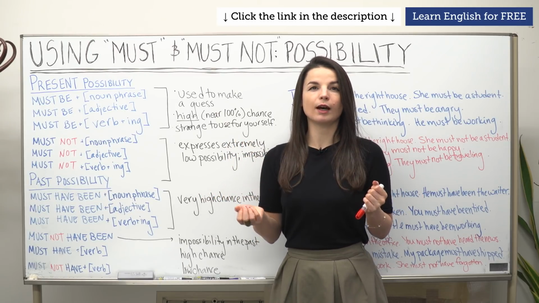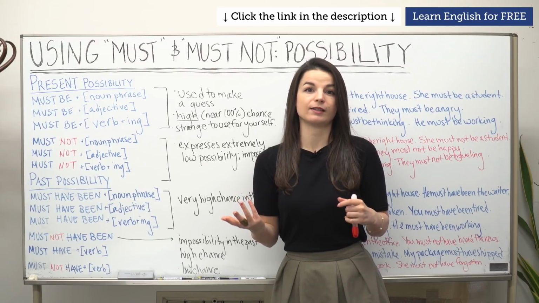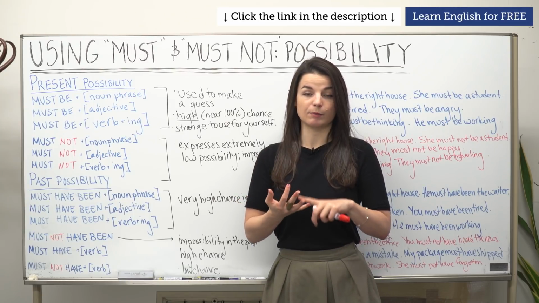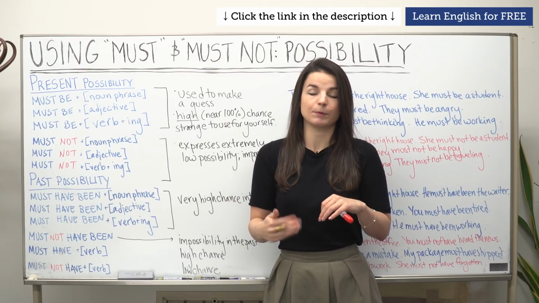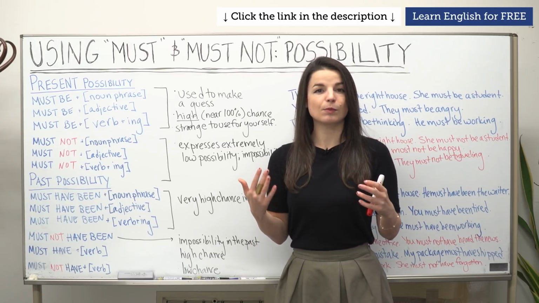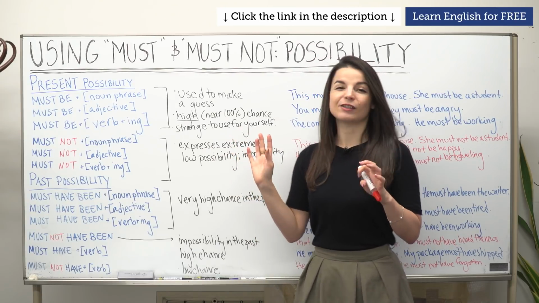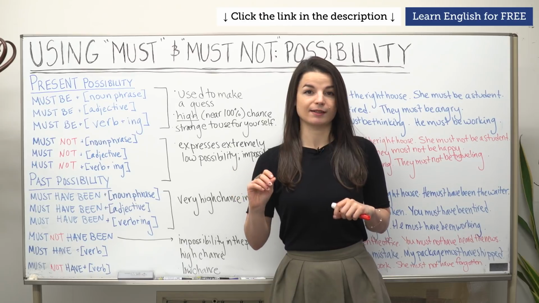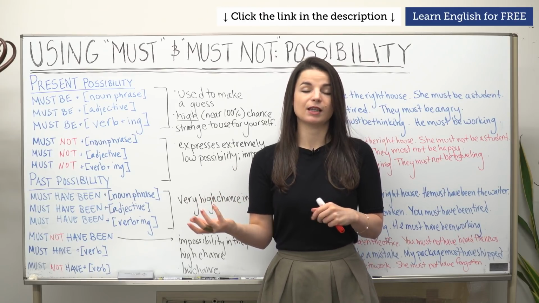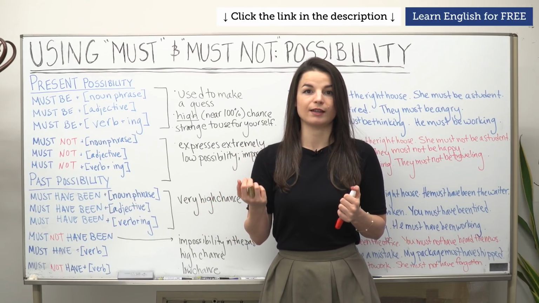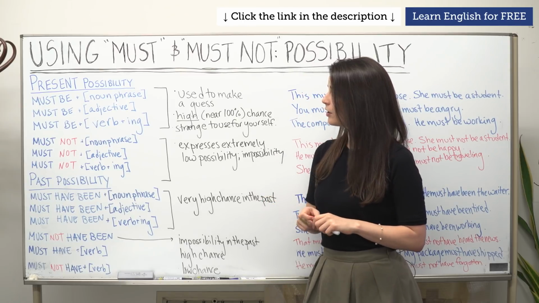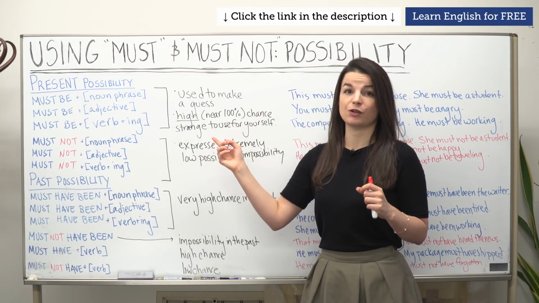So in a few special cases, we can use must and must not to talk about ourselves, but I'll talk about that later. Just keep in mind that in many cases it is strange to use must and must not to talk about yourself because you know yourself in most cases. So let's take a look at a few examples of how to use these.